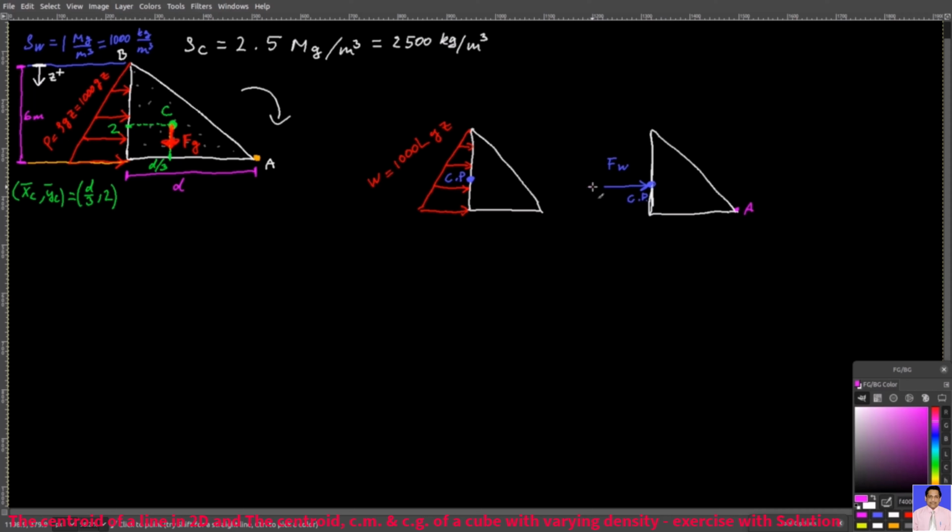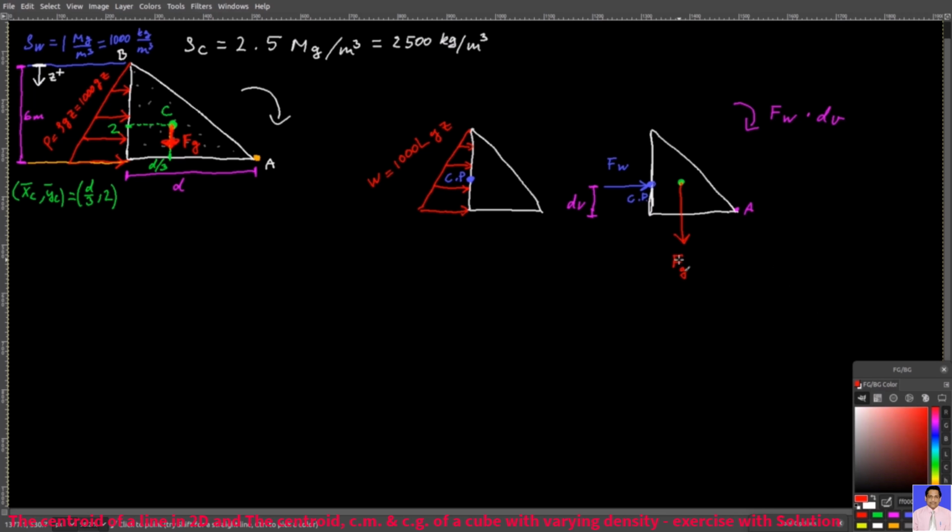As you can see, there is a moment arm between Fw and A. Let's call it dV, vertical distance. That will create a moment about point A, which is Fw times dV. And that moment would cause the dam to tip over about point A.